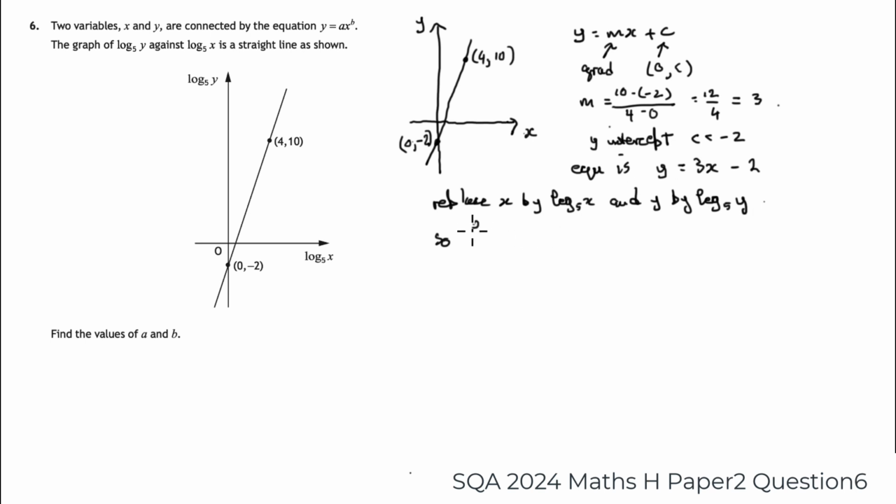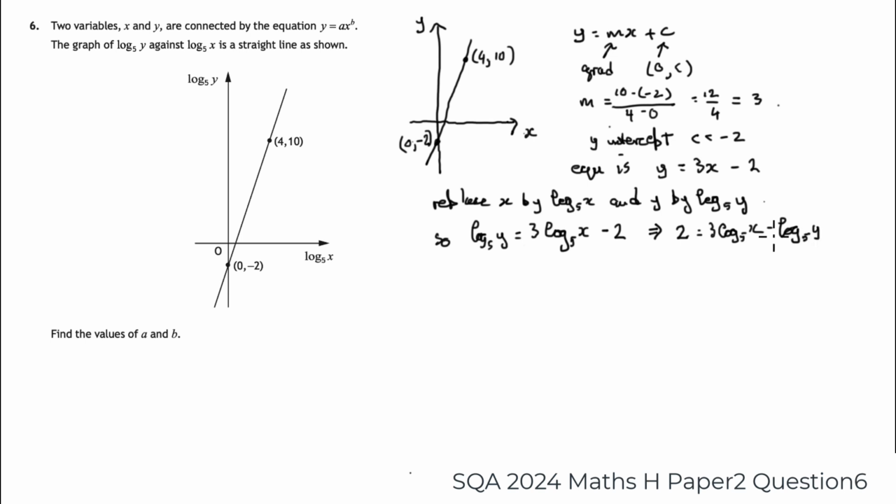We get log to the base 5 of y is equal to 3 times log to the base 5 of x, minus 2. So let's follow the laws of logs here. I suppose leaving a -2 is a bit awkward. Let's add 2 to both sides, and then we'll take away log to the base 5 of y from both sides.